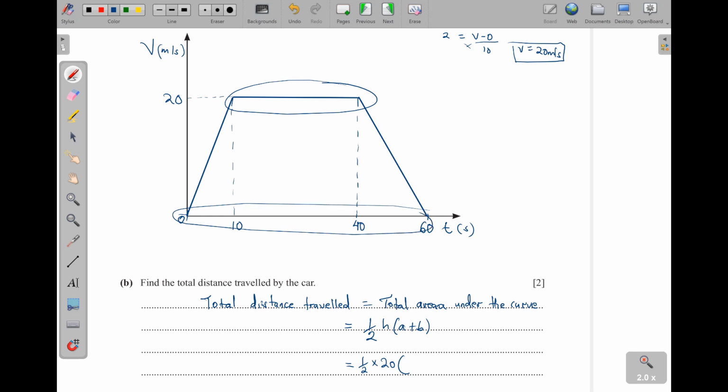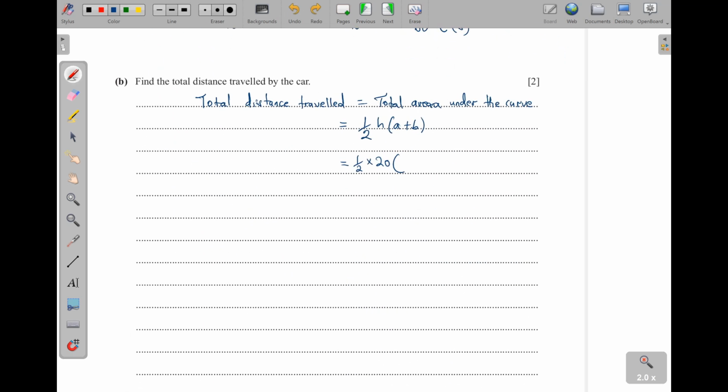So 40 minus 10, that is 30, and the other one is 60. So 30 plus 60. A half times 20, you get 10. 30 plus 60 is 90. So 90 times 10 gives us 900 meters.